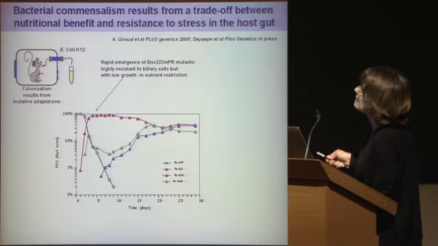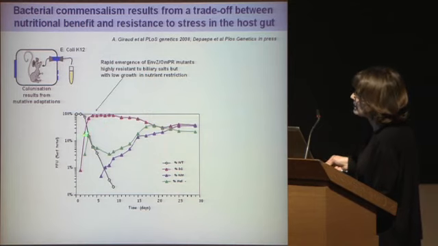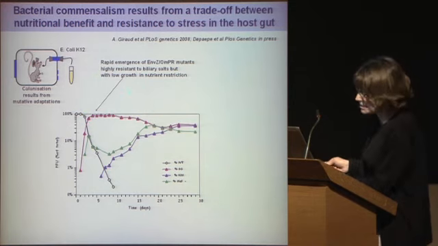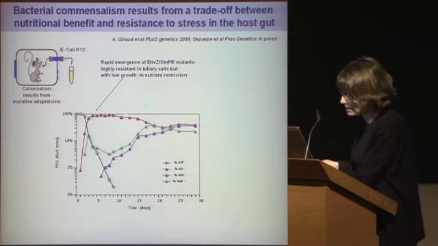So it's okay at the very beginning of the colonization when there are not so many bugs in the intestines, but when they reach a high density, their growth is not so good in case of nutrient restrictions.